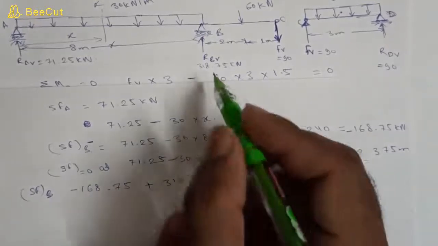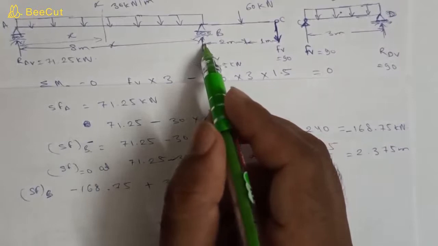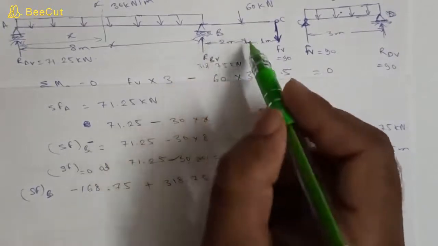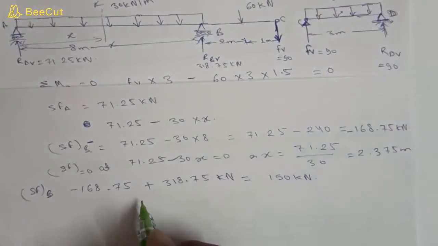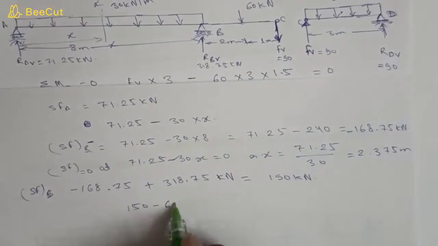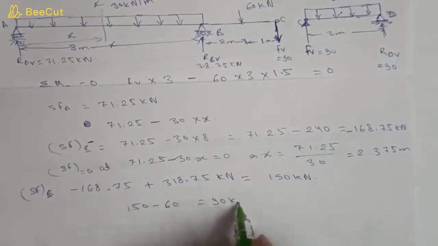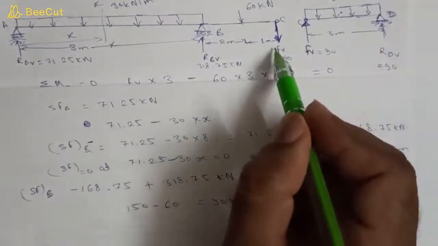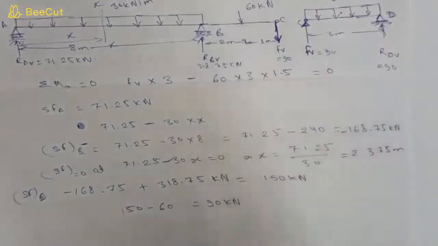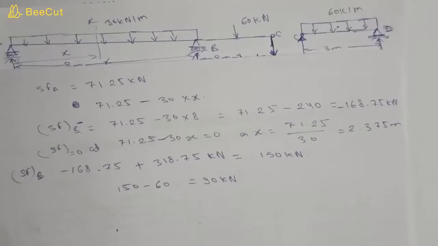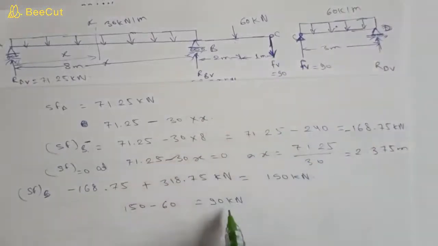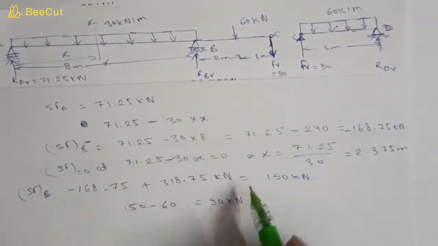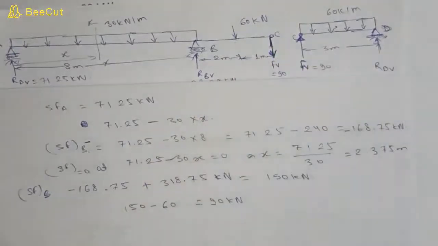Shear force will be 150 kilonewton just right at point B, and then at this point it will be minus 60. So 150 minus 60 is equal to 90 kilonewton, and at this point it is 90 and 90. So if we see from the right side it is 90 kilonewton here too, so from right side and left side it is the same value. So shear force at C is 90 kilonewton.